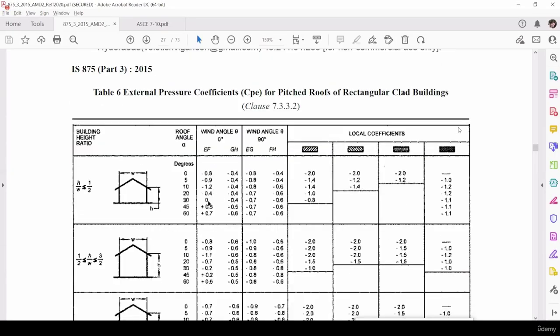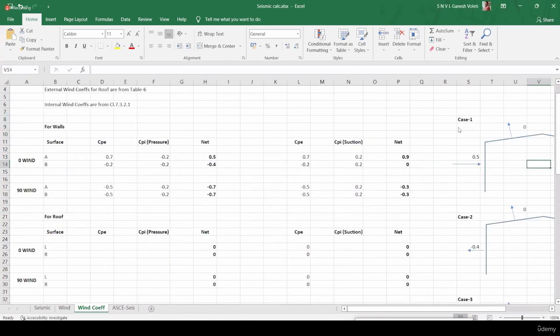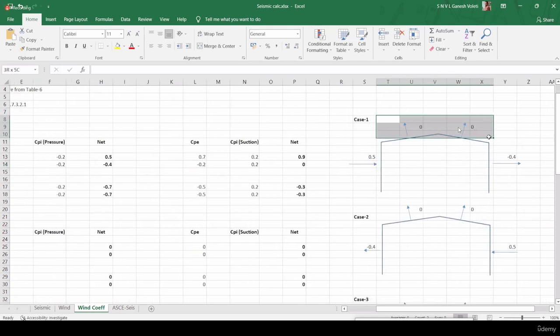So what is this EF and GH? For 5 degrees, this is minus 0.9, right? Minus is nothing but away from the surface. We are talking about the roof only now. We have completed the walls portion, so leave that portion.